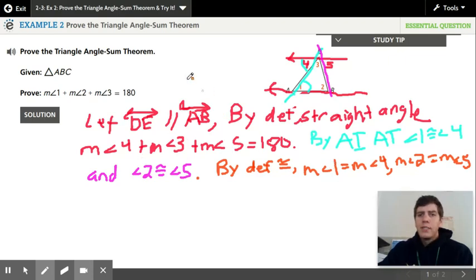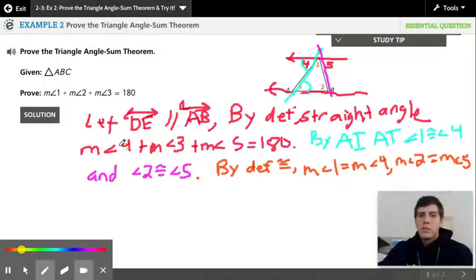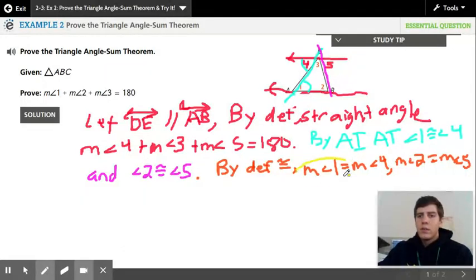And we can now substitute into our equation. We know the measure of angle 1 equals the measure of angle 4, so we can substitute that in. We know the measure of angle 2 equals the measure of angle 5, so we can substitute that in for the measure of angle 5.